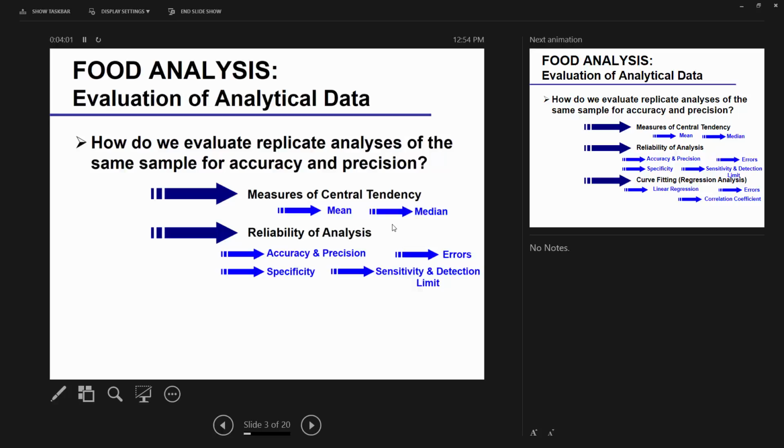What's the smallest change that can be detected by a certain method? So if it is 1.2 parts per million, it can detect 0.2 parts per million difference. So if you have 1.2, it can be significantly different than 1.4. The instrument can tell you that 1.2 is different than 1.4. So that's sensitivity. Detection limit is, Aaron, what you said earlier, it's the threshold, how low can you go to detect a signal that is not noise.